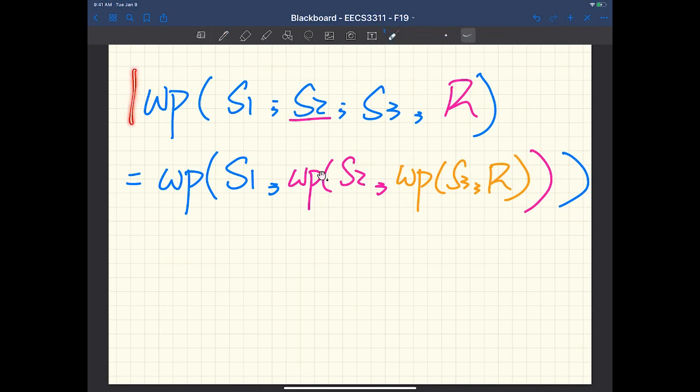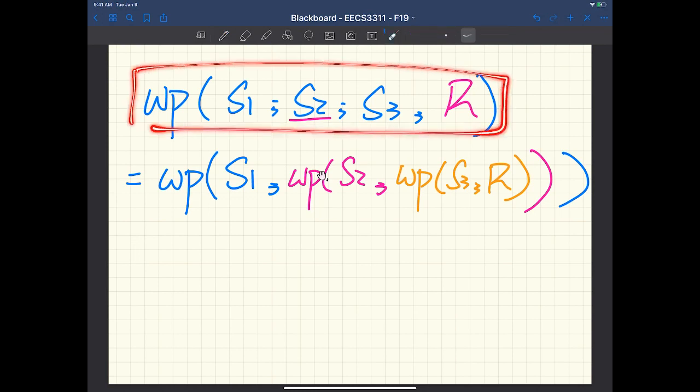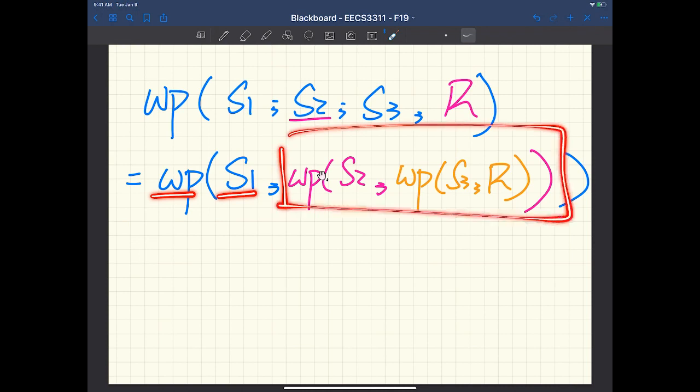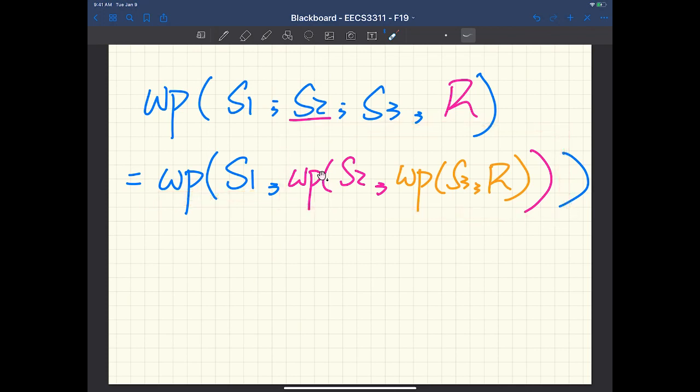We wanted to calculate this one here, right? In order to do that, we want the WP for S1 to establish something. Before this thing is known to us, we cannot calculate this WP. So this WP for the moment is suspended, like I put it onto the stack.